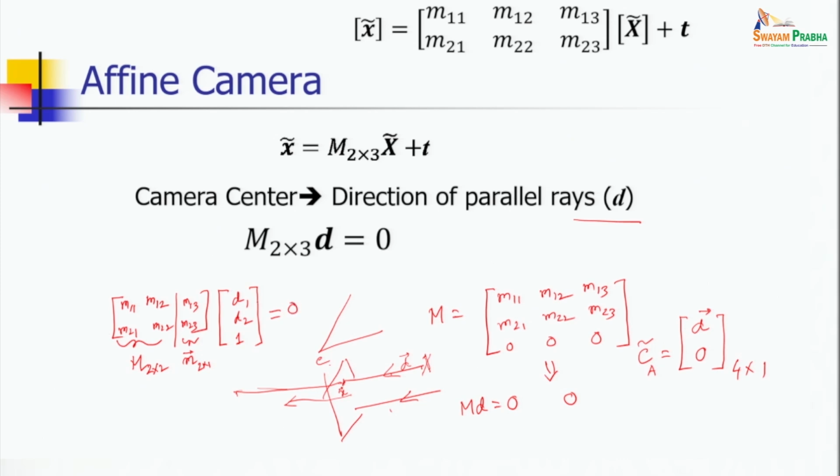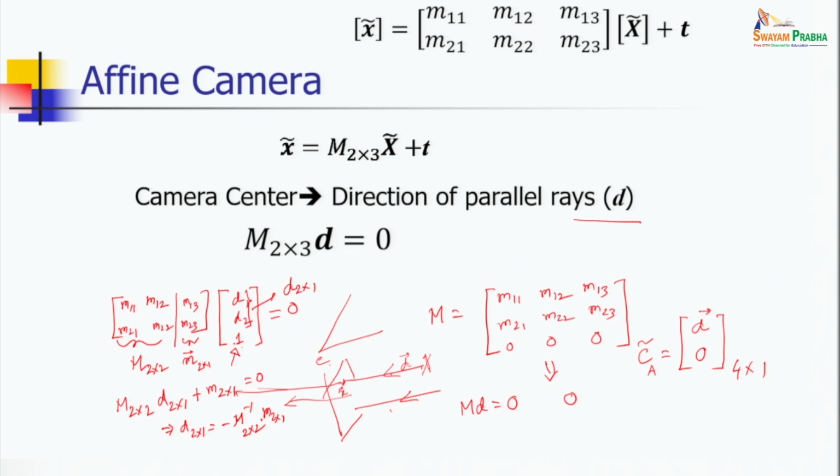So if this is 0, and let me write this vector as D2 cross 1, because 1 is already determined, then if I expand this equation, it would be M2 cross 2 D2 cross 1 plus M2 cross 1 equal to 0, which means D2 cross 1 can be obtained as inverse of M2 cross 2 into M2 cross 1. Now, this is one case, but there could be a degenerate case.